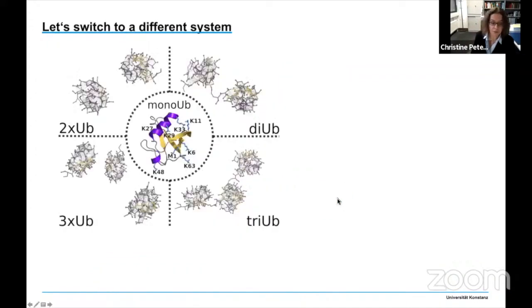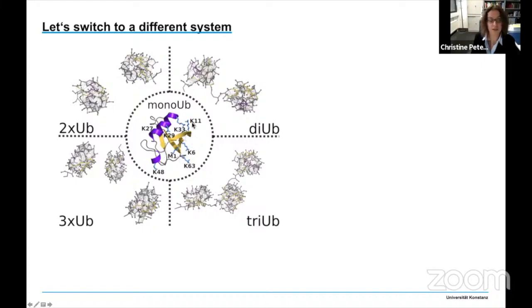Okay, so that was all I wanted to talk about in terms of backmapping-based sampling for peptides. I would like to switch to a different system. Let's make this a bit more challenging in terms of system size and let's look at multi-domain proteins. We have been looking into ubiquitin oligomers for quite some time.